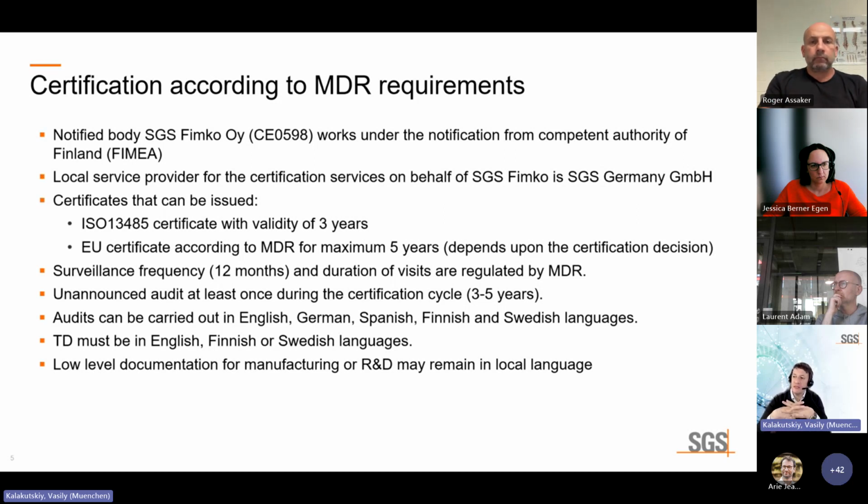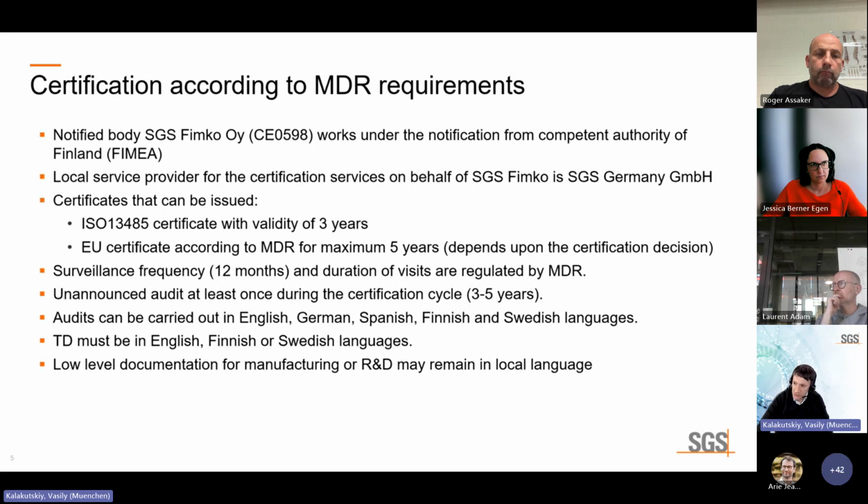The certificates that SGS FIMCO is able to issue are the ISO 13485 certificate with a validity of 3 years. ISO 13485 is, as you know, about the quality management system. It certifies that the quality management system implemented in your company conforms to the requirements of the standard.